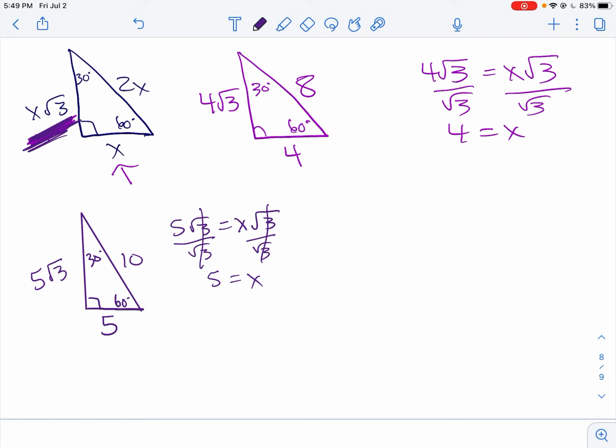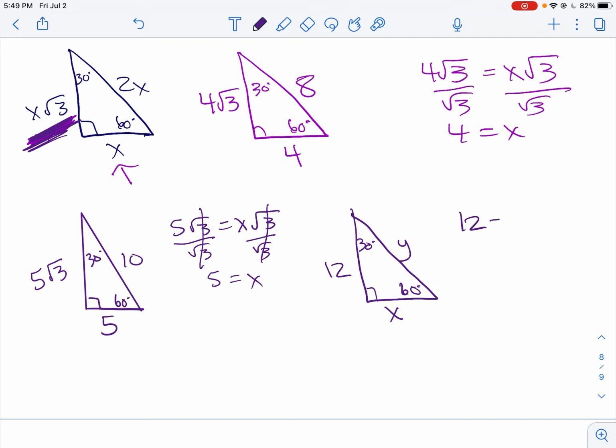Now, not always are you going to be given a pretty number. Okay? Not always are you going to be given a pretty number. Sometimes you're going to be given a number like that. And we need to figure out what each one of these sides are.